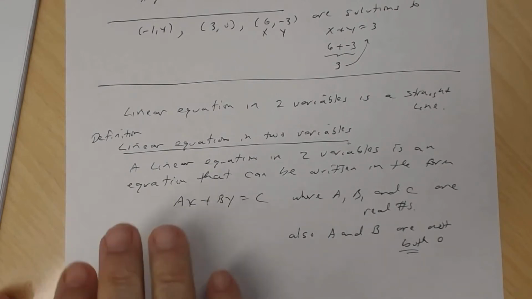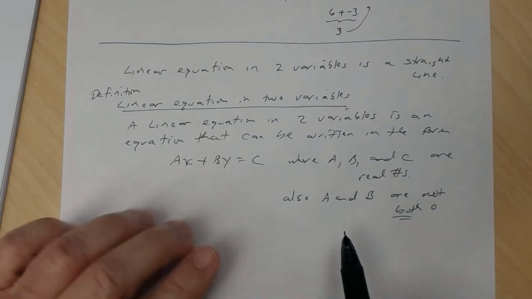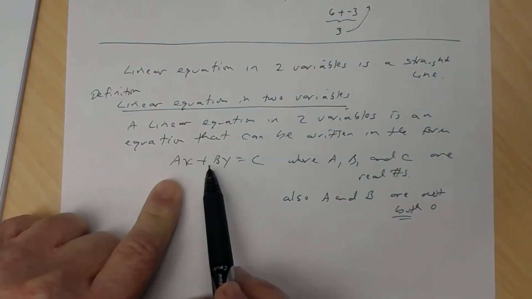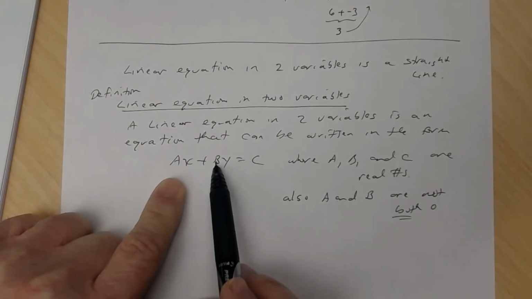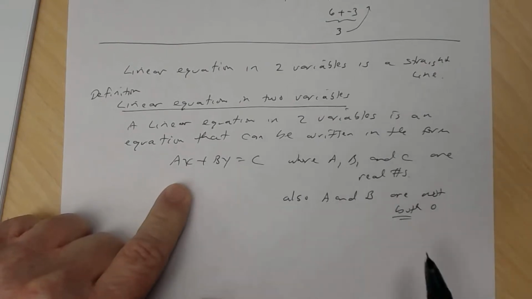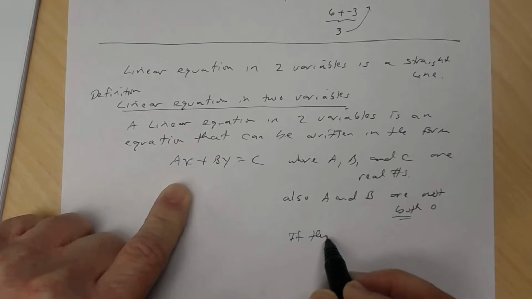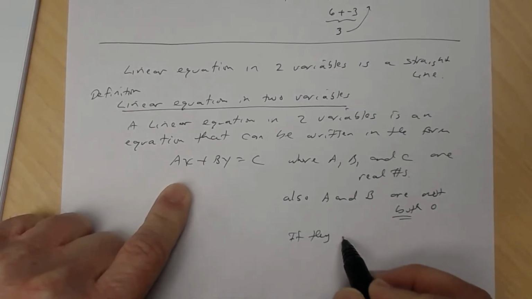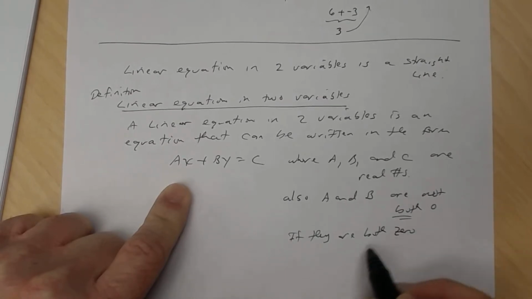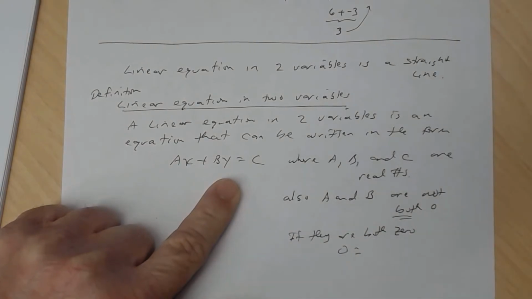Okay, and the reason is this. So let's understand why they both cannot be 0. If a is 0, 0 times x is 0. And again, if b is 0, 0 times y is 0. So 0 plus 0 is 0. So if they are both 0, we have this side being 0, and the other side being some real number.